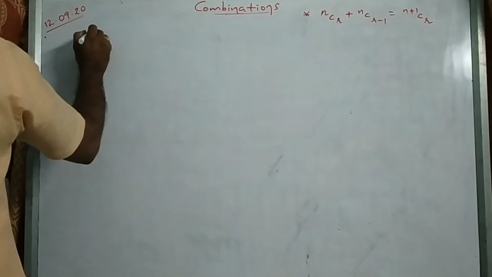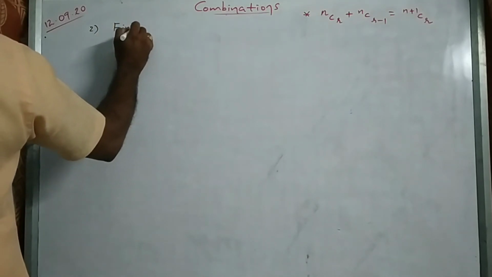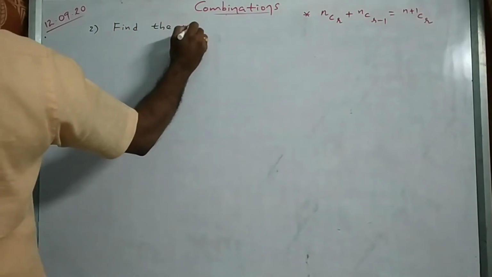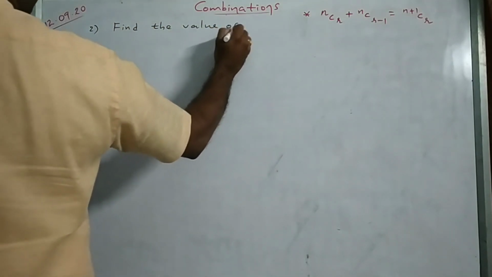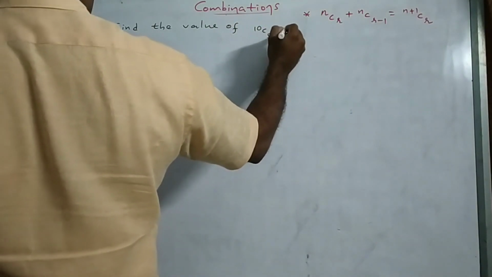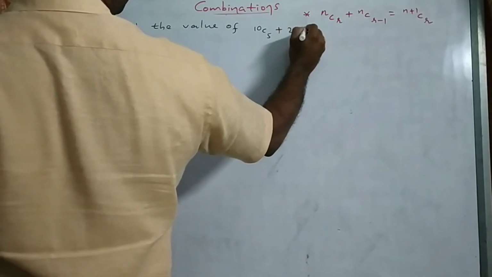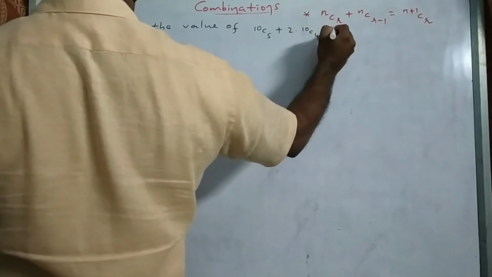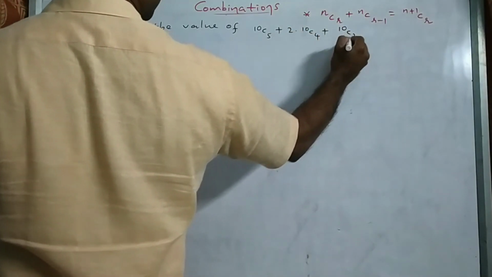Next, find the value of 10C5 plus 2 into 10C4 plus 10C3.